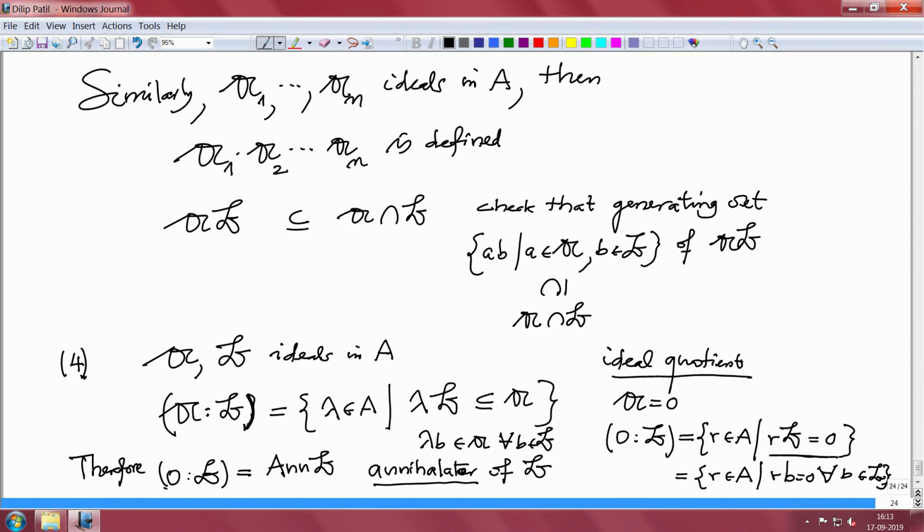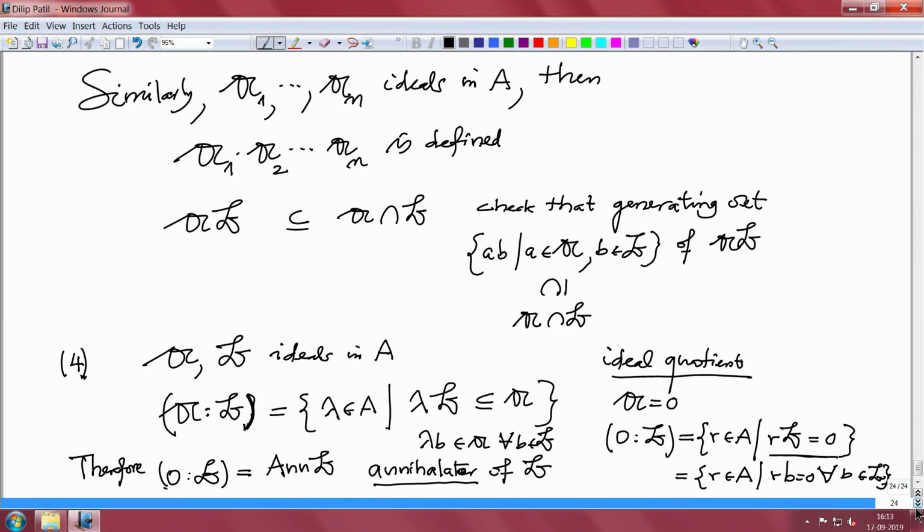All right, so that is all about the operations on ideals. I will come back to this again, improve this with more observations and examples.